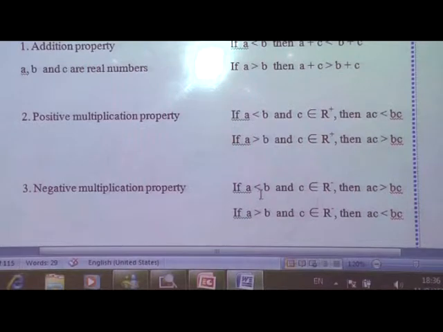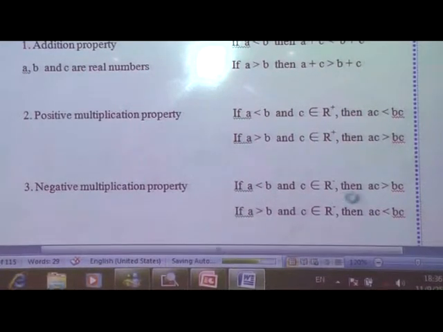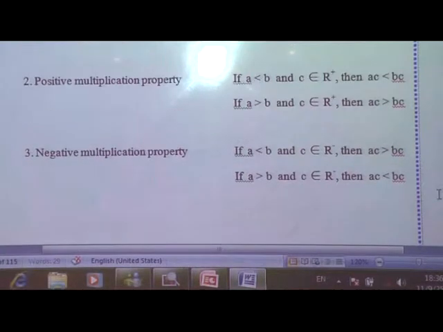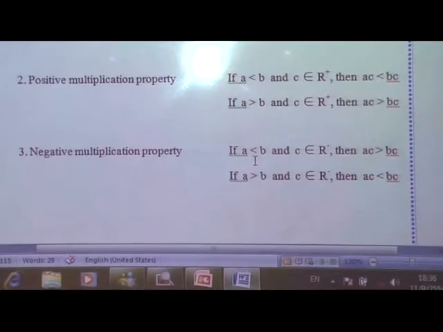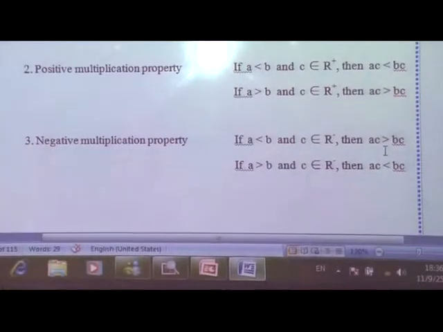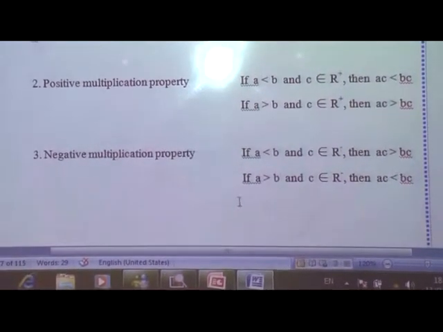A is less than B, but when you multiply by a negative number, it changes to the opposite direction: AC is greater than BC.